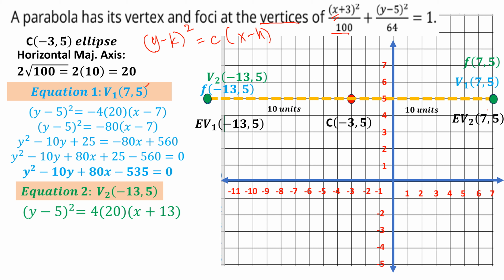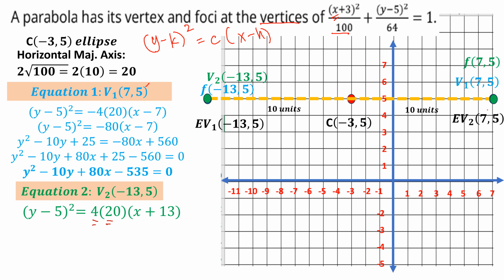Since the 5 there is positive, we still have a y which is being squared, because our major axis is horizontal. And why is this a 4? Because a 4 is a multiplier to the number of units from the vertex to the focus.